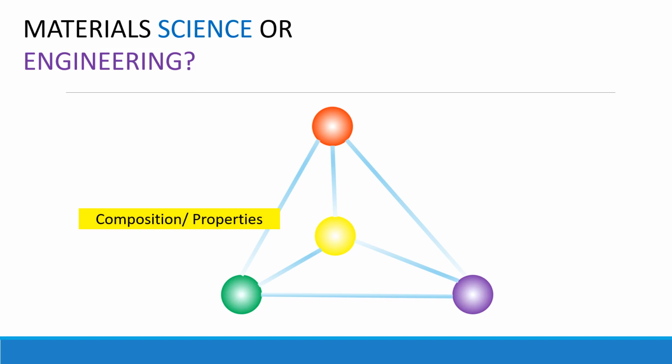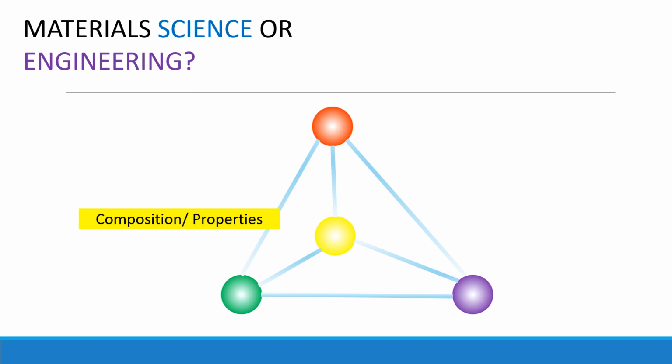But it's true that the focus, or the way to proceed, on one and the other side of this scheme is different. This scheme is known as the materials tetrahedron and is used quite frequently to remark the main topics in different aspects of materials, either science or engineering.